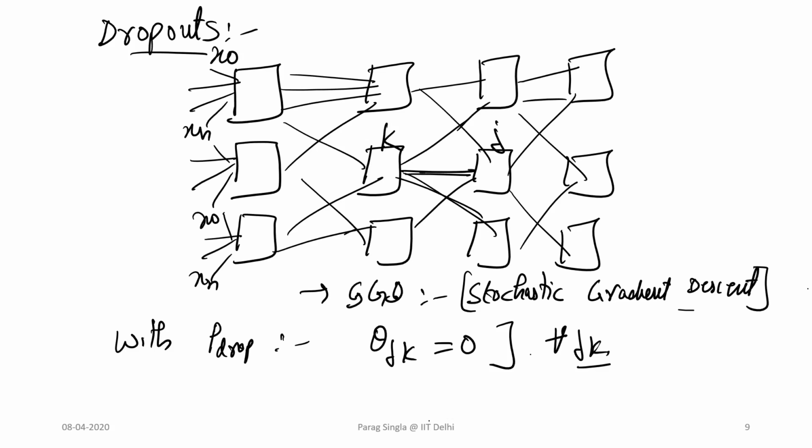So for every connection in the network, right before each learning iteration, with a certain probability, you simply drop it out.